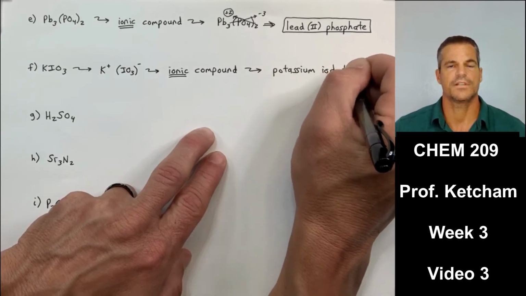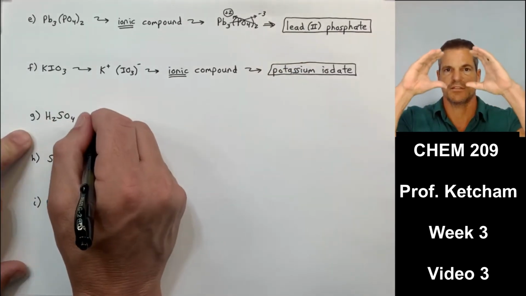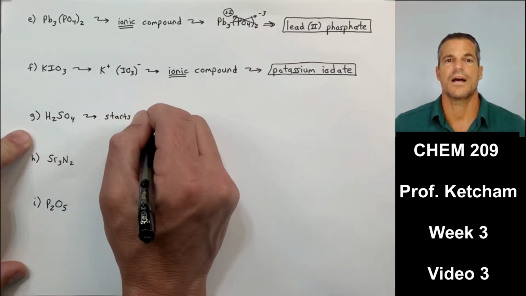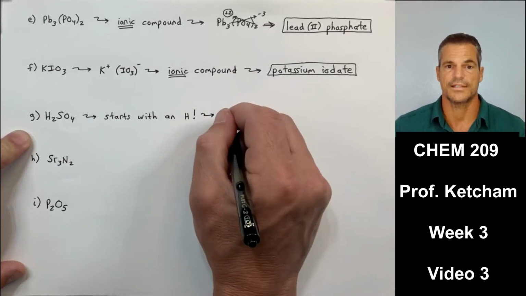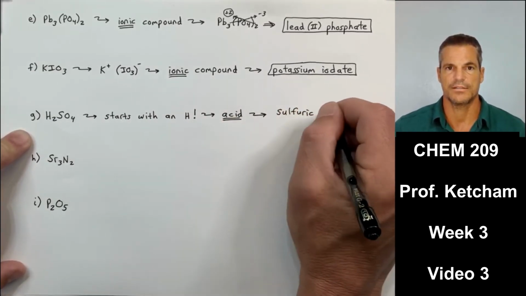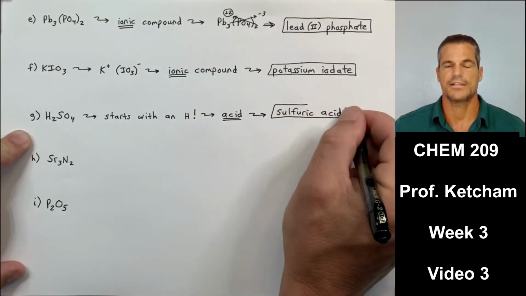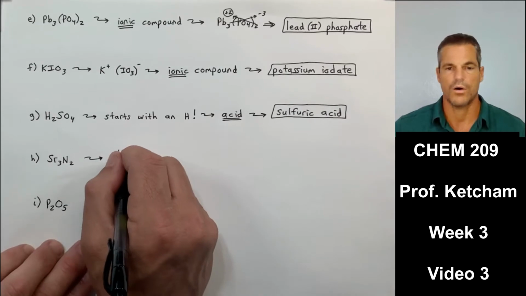KIO3. First thing I recognize, for me anyway, is that IO3 is a chunk. It's a polyatomic ion. This will be an ionic compound. Also, potassium is a group 1 metal. This is potassium iodate. It's not potassium Roman numeral 1 because I don't need it. Potassium is group 1, always a +1.